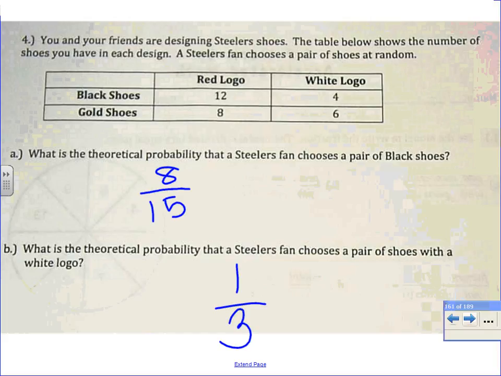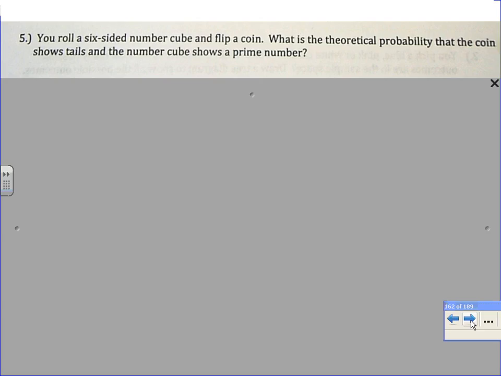Okay, number 5, some of you guys were a little confused with. So basically 5 says if you roll a 6-sided number cube and then flip a coin, what is the theoretical probability that the coin shows tails and the number cube shows a prime number? Justin, what'd you get? Okay, how'd you do that?